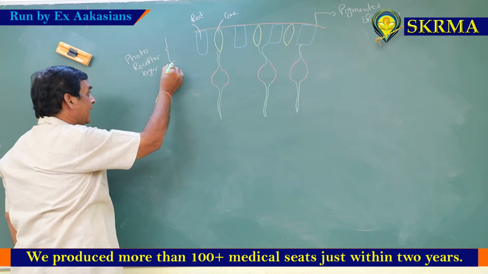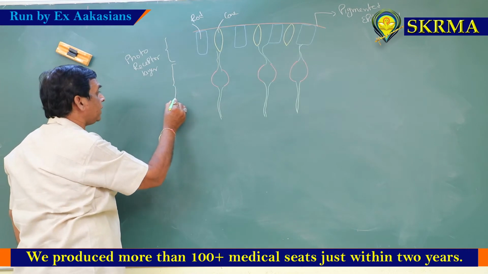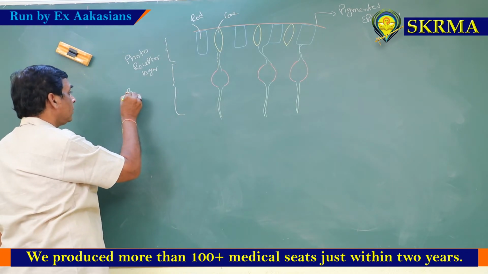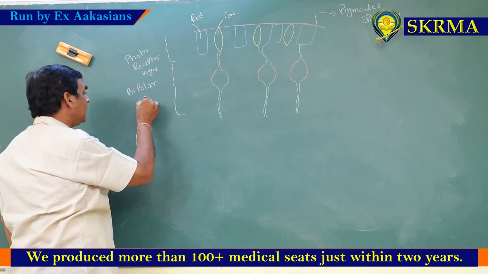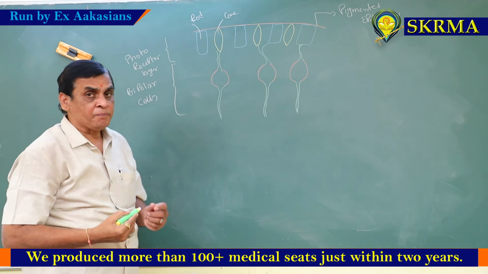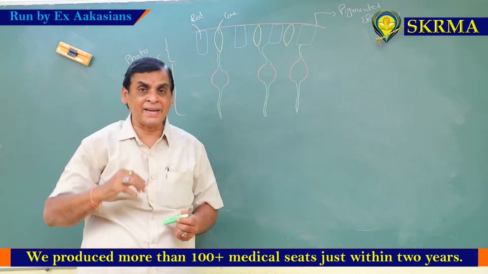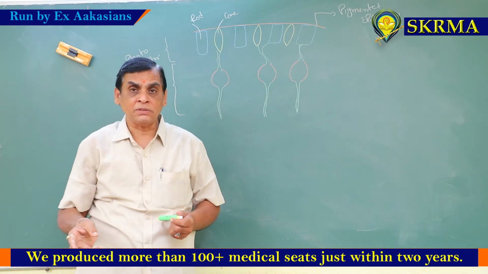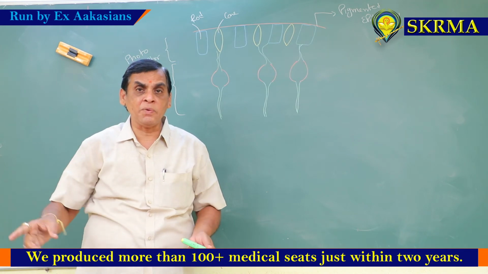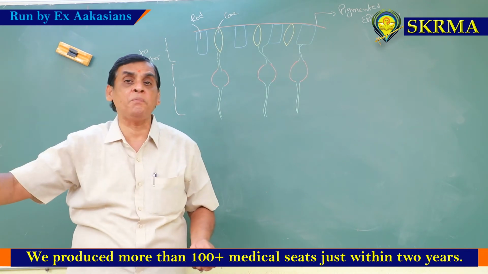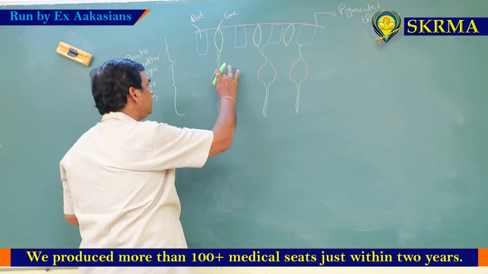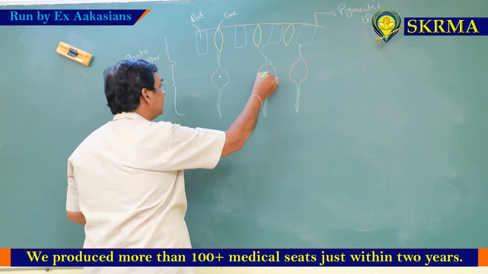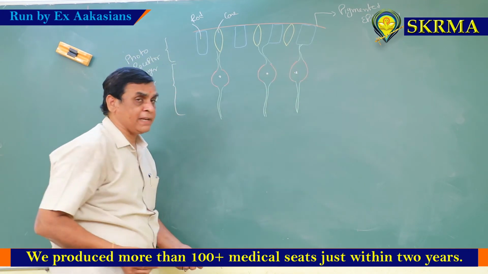Now the second layer present in the retina is the bipolar cells. Actually, in our first year syllabus we read that neurons are of different types: unipolar, pseudo-unipolar, bipolar and multipolar. Now these are the multipolar neurons, present in the second layer.